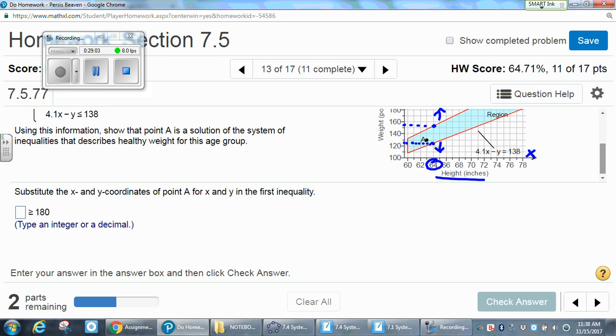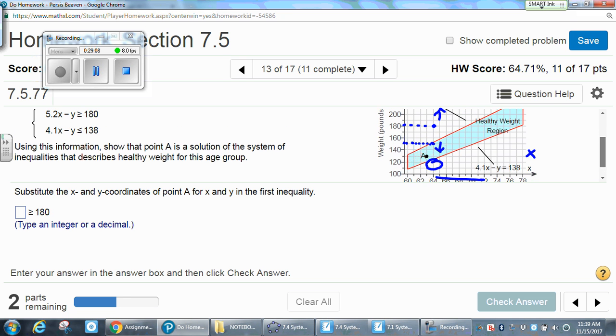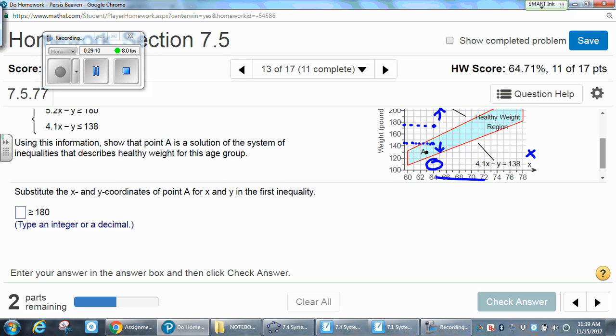So the question is: substitute the x and y coordinates of point A. Where's point A? Do you guys see it? We have a point here. In my case, I have 63, 130.